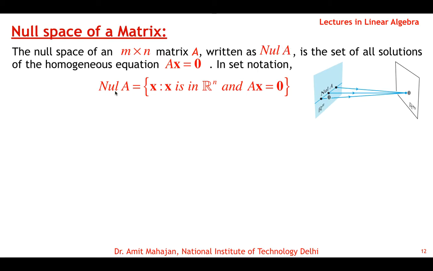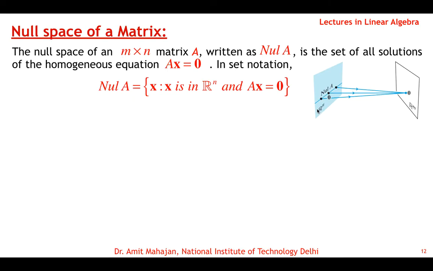Or in set notation we can write that the set null A consists of all the vectors x such that x vectors are in the domain Rn and satisfy this homogeneous equation. So all the x vectors which satisfy the homogeneous equation. And see, if you have a domain and a codomain, and here we are talking about an M cross N matrix, so if you remember transformation, then we are talking about a transformation from Rn space to Rm space.